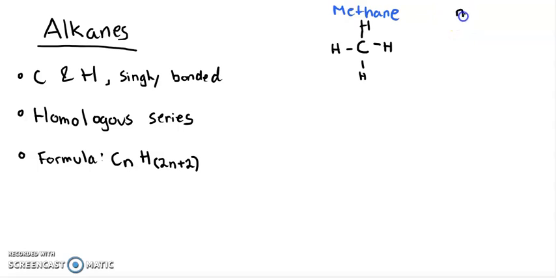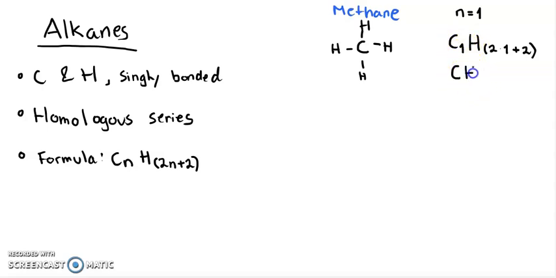For methane, n is equal to 1. So we have C1, H, and then 2 times n, which is now 1, plus 2. Normally we don't write the number 1. If we just write a C, it corresponds to 1.